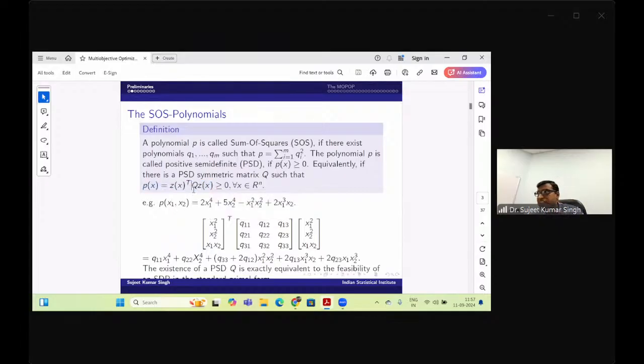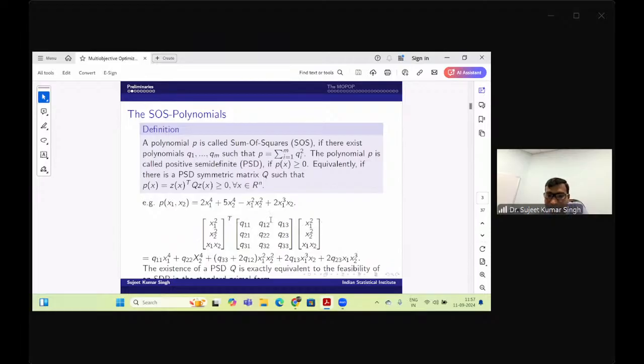In some situations, such a matrix exists. For example, how do we find such a matrix? Suppose, for a small-scale polynomial p(x1, x2) in two variables, one can take Z(x), which is basically a vector of monomials. We can take Z(x) like this: x1 squared, x2 squared, and x1 x2. And Q is given by a symmetric matrix with entries q_ij. Then we have Z(x) transpose Q Z(x).